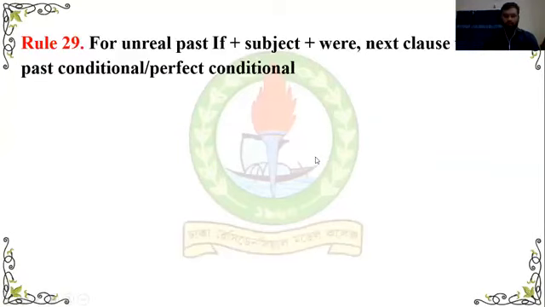Rule 29. Here you see, for unreal past, if you see unreal past in the if clause, then you have to make the verb of the other clause in the past conditional or perfect conditional. And you know what unreal past is? I told you in the last class.